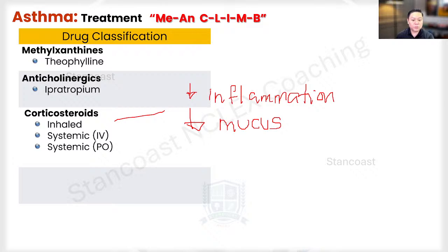also promote responsiveness of the beta 2 receptor. So meaning the patient will respond much more to the therapeutic effect of the other medications, especially the beta adrenergic agonists. Promote responsiveness.